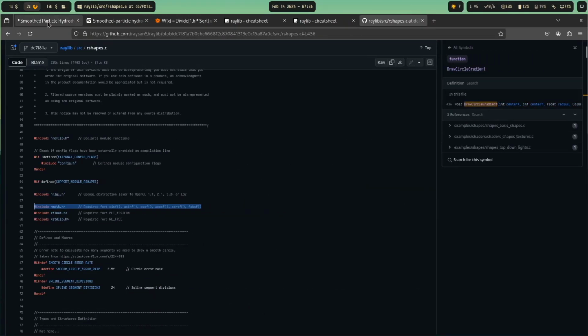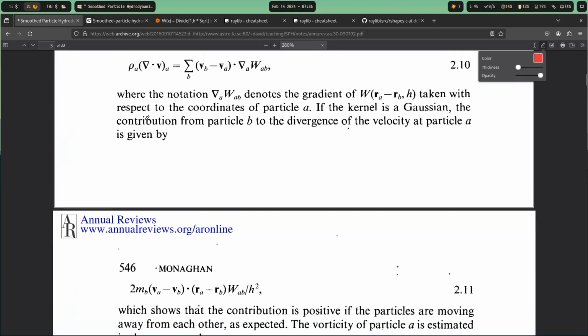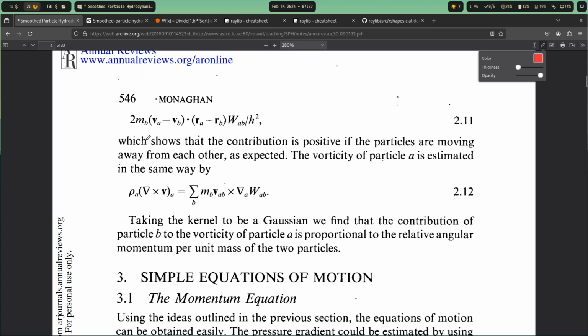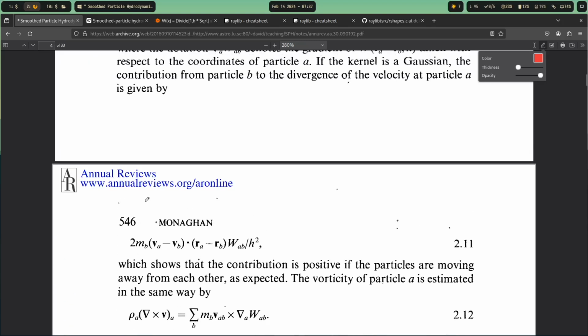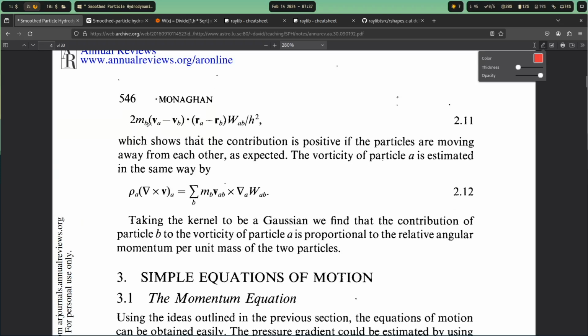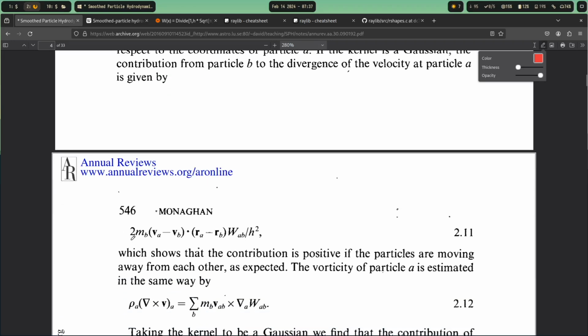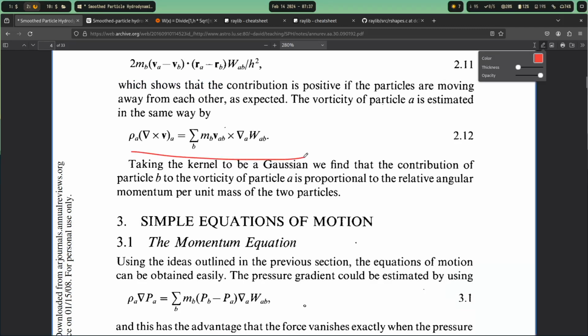Okay, so then let's go to the next step. We have the density, right? This is like something for speed, but I'm not sure we need it right now. Like this is for speed, right? So other stuff.